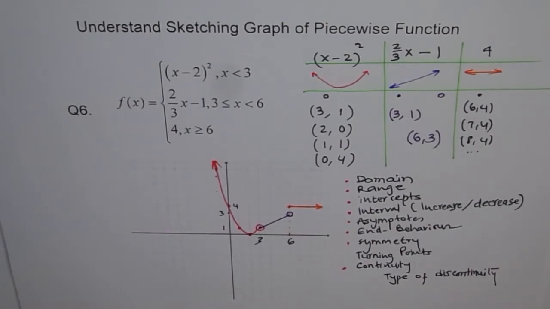Now at this stage, I would like you to go and review all my examples 1 to 6 and write there the type of discontinuity, right? Here, do you see a discontinuity? Yes, it is at 6. And this type of discontinuity is a jump discontinuity, correct?